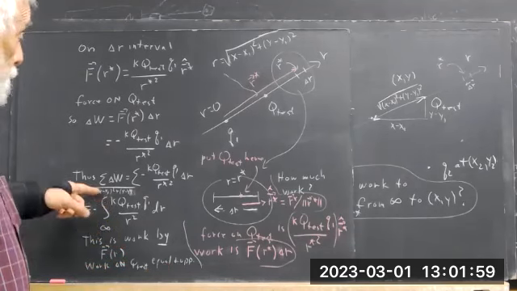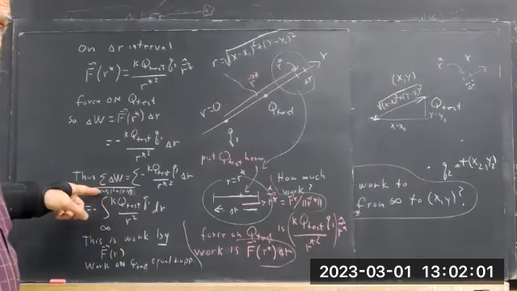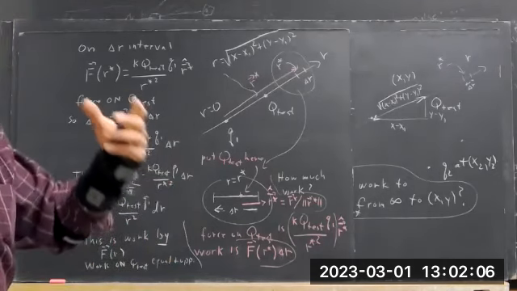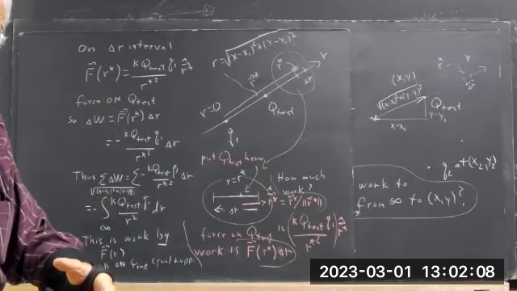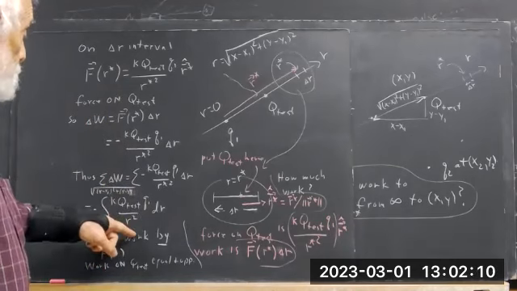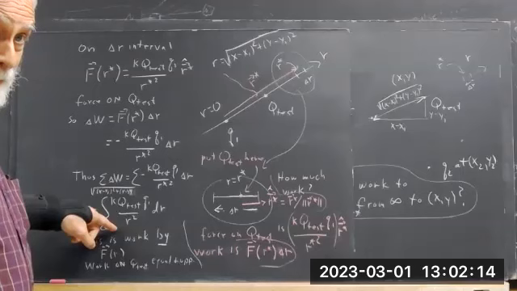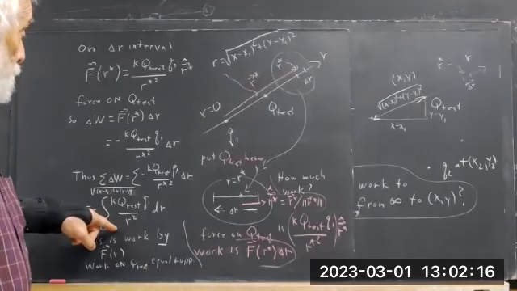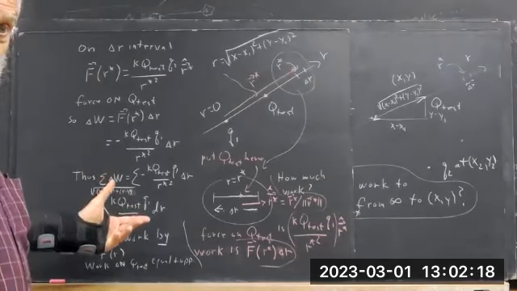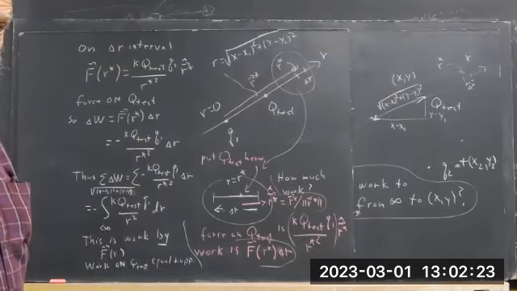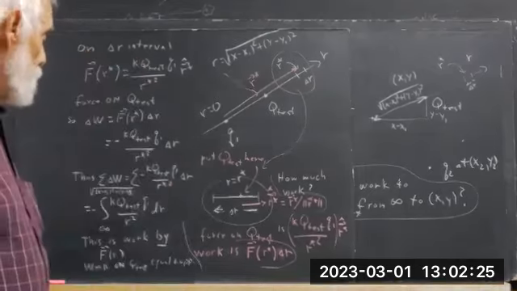Your reciprocal R here is going to give you a positive result. So if Q test and Q1 have the same sign, you're integrating the negative of a positive quantity. But you're going to end up with a positive result because of the negative you get when you do the integral. So these signs are correct.